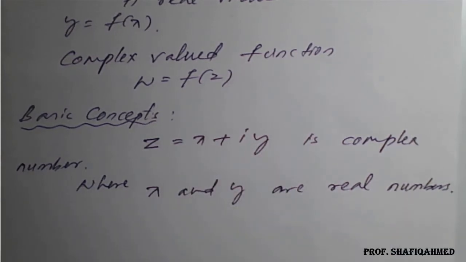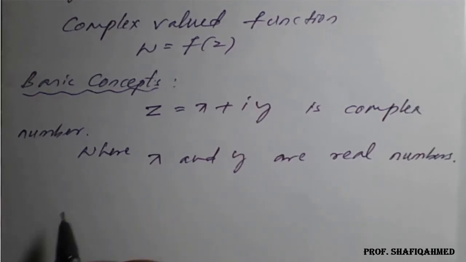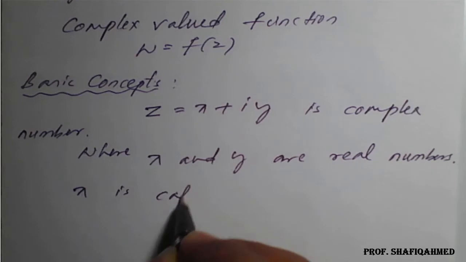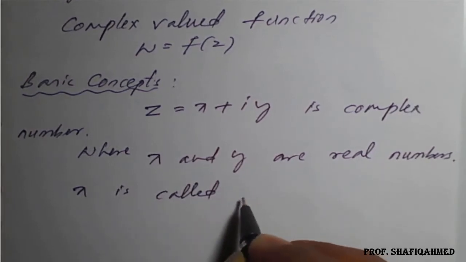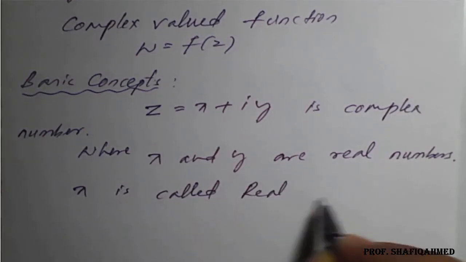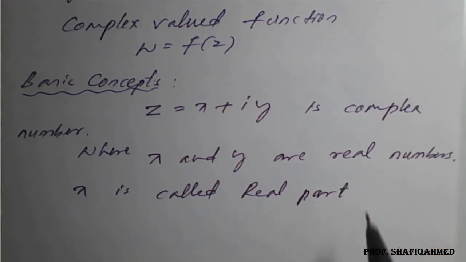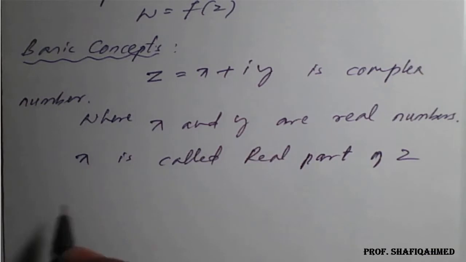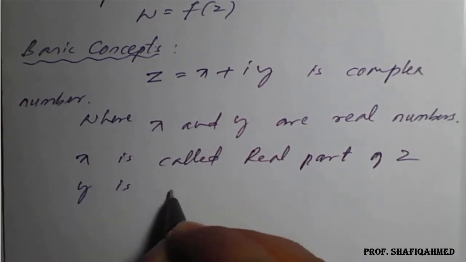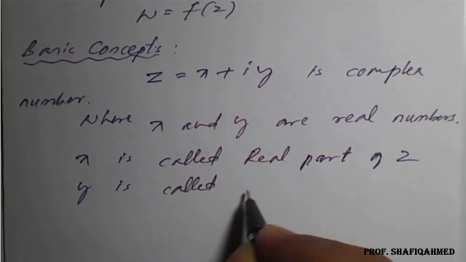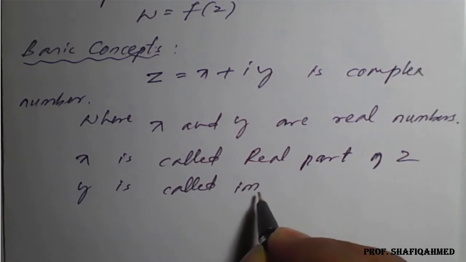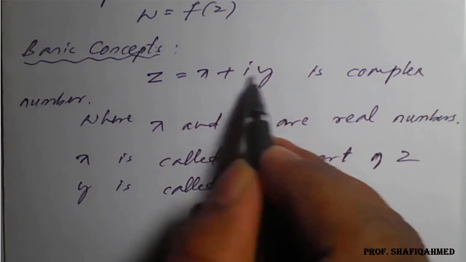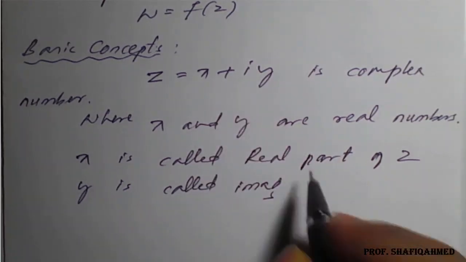Imaginary. So x is called a real part of z and y is called imaginary part, because i is there with coefficient of y, so imaginary part of z.